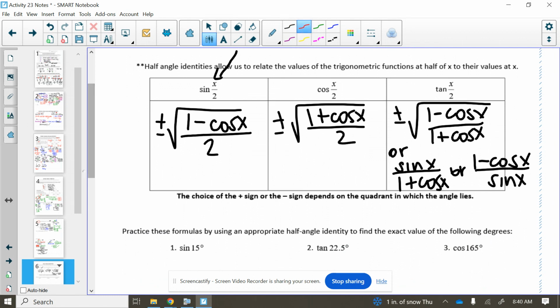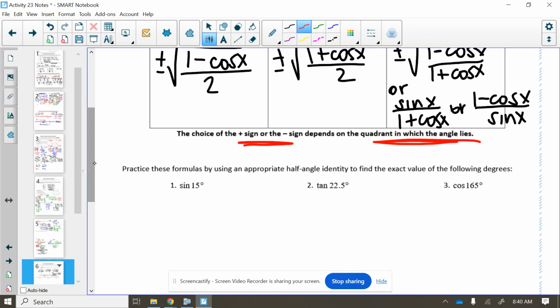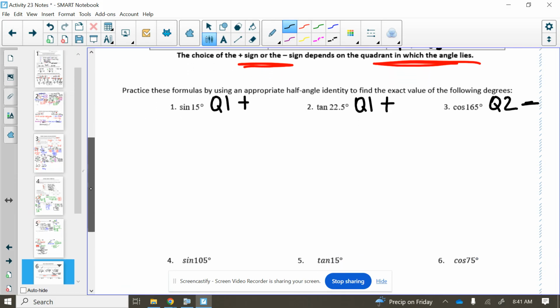Now, the plus or minus sign out front depends on which quadrant our angle lies in. So for instance, 15 degrees is in quadrant 1, so we know the sine is positive there. 22.5 is in quadrant 1, so we know the tangent is positive there. 165 is in quadrant 2, and we know cosine is negative in quadrant 2, so we want to be careful of that.